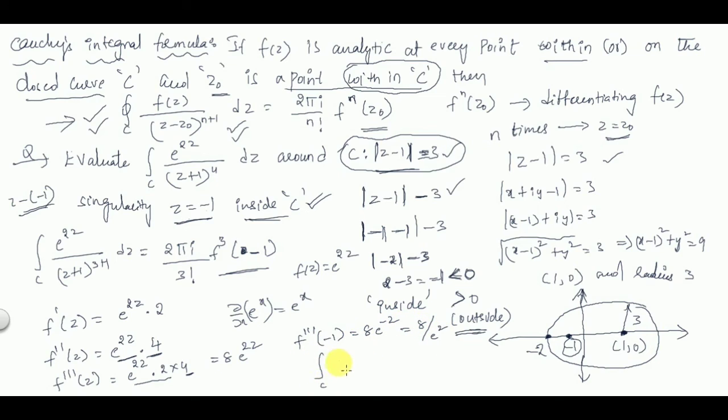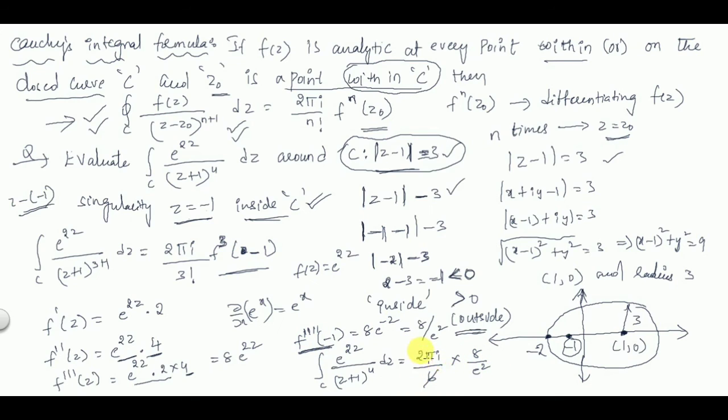Therefore, the integral over c of e power 2z divided by (z plus 1) whole to the power of 4 dz is equal to 2 pi i by 3 factorial, which is 6, into f triple dash of minus 1. So f triple dash of minus 1 only we have found now. f triple dash of minus 1 means differentiating 3 times, and its value is 8 by e square.